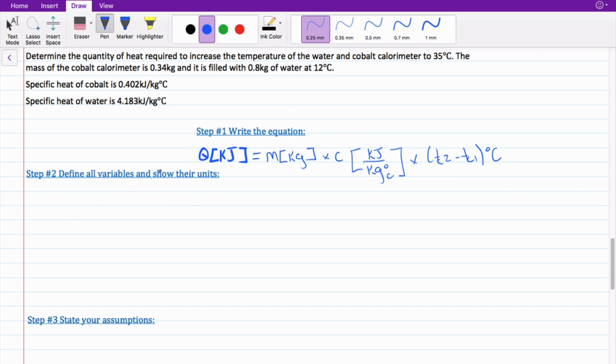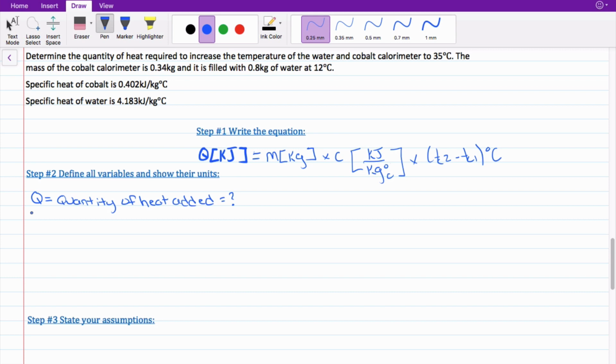Step number 2, I like to define all the variables. So the first one is Q. That's our quantity of heat added. That's one of our unknowns. Another one of our unknowns that we'll have to determine is the water equivalent of the cobalt calorimeter.